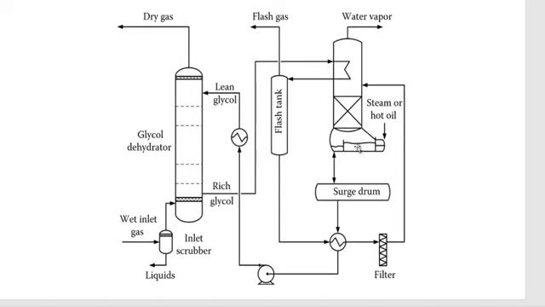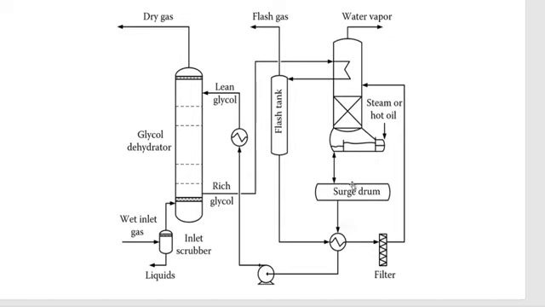So the water will release from the rich glycol, and we can collect it here as water vapor. The glycol will still be at this temperature as a liquid. We can collect it in a storage tank or storage drum. Okay.